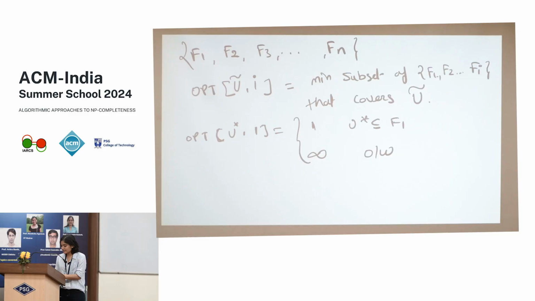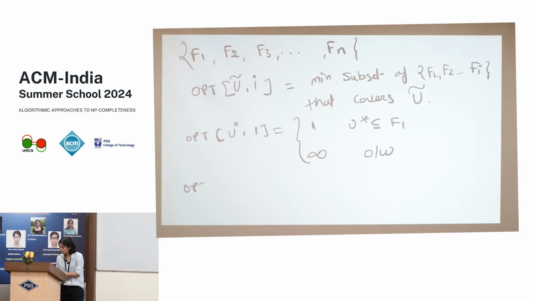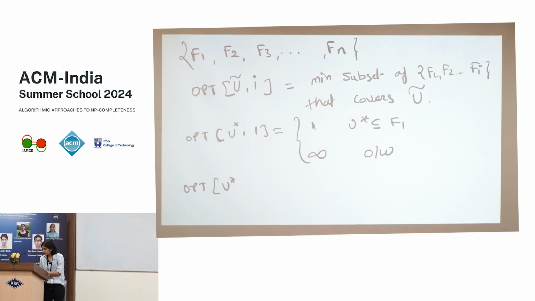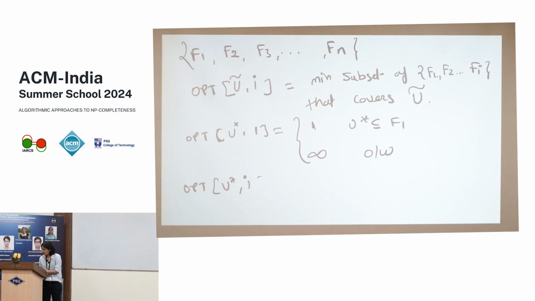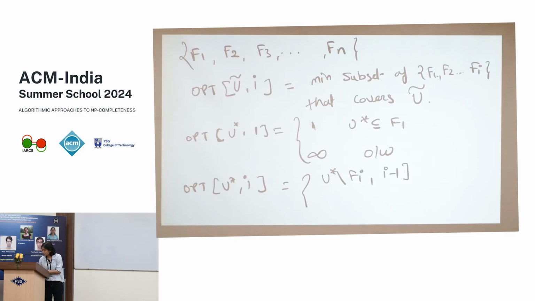And how does the recursive step work? So opt of U star, i, is as she said. Either we take the set into the solution, and we take out those elements, and then we recurse on the remaining.